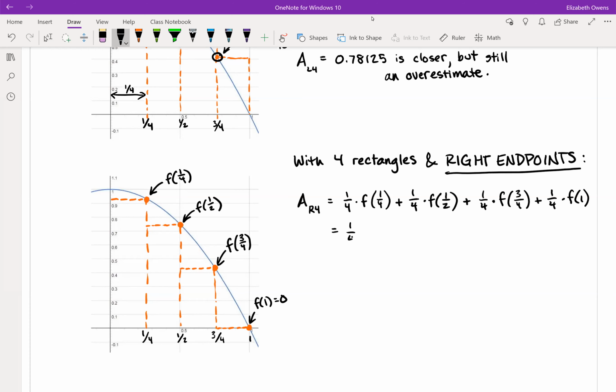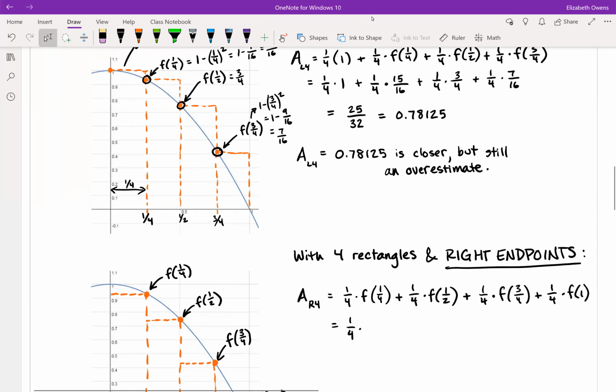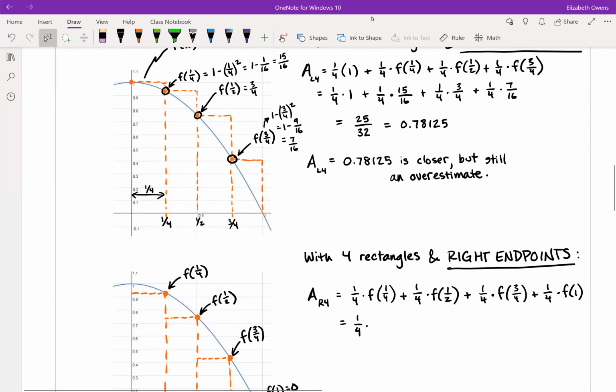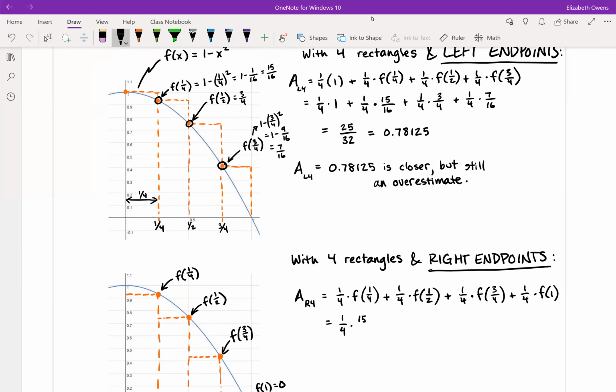Okay. And thankfully, we've already calculated most of these values. F of 1/4 we previously saw was 15/16. F of 1/2 is 3/4. F of 3/4 is 7/16. And then F of 1 is 0.